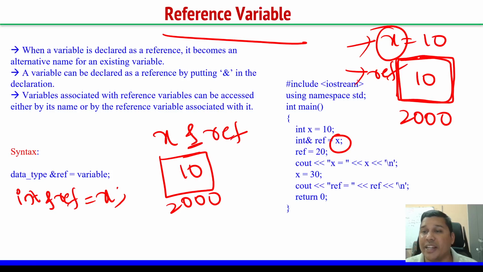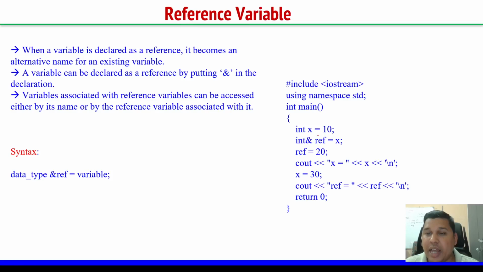But how do we define a reference variable? You have to give like this: int ampersand ref, like if you see in this program here. Now see, in this example, I gave x equal to 10. So x is having value 10. Then I gave int ampersand reference equal to x.